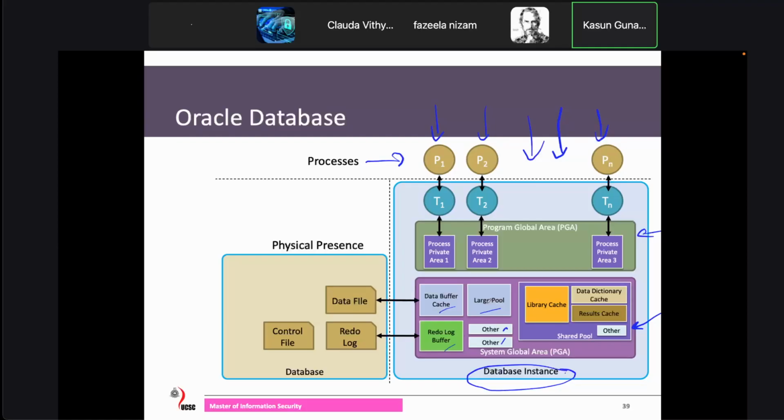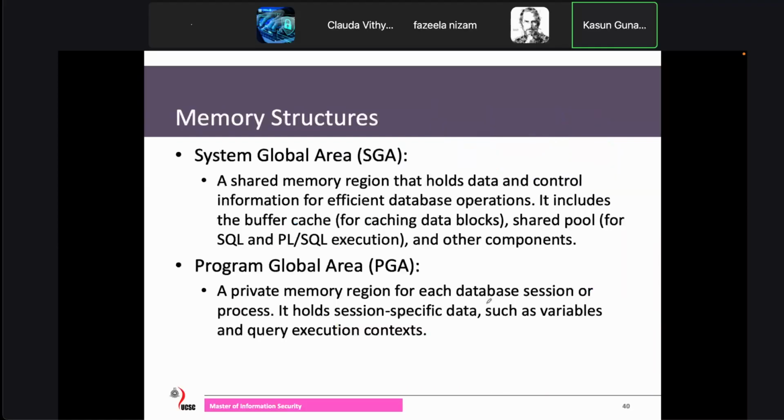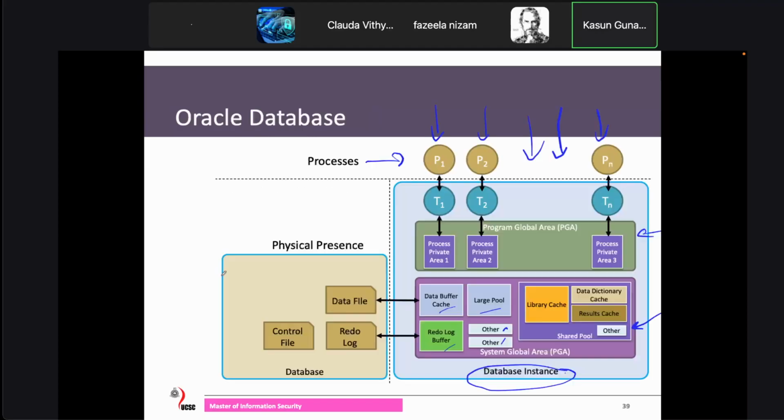So that is database instance. This is about the system global area and program global area I mentioned earlier, right? These two.